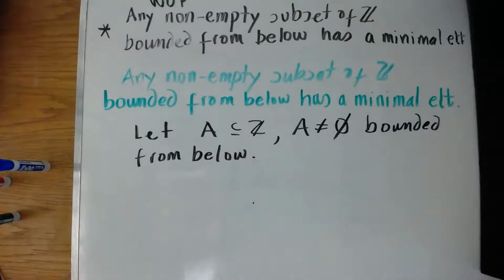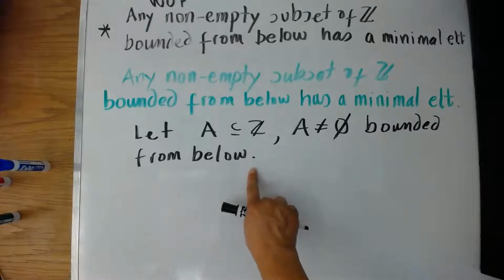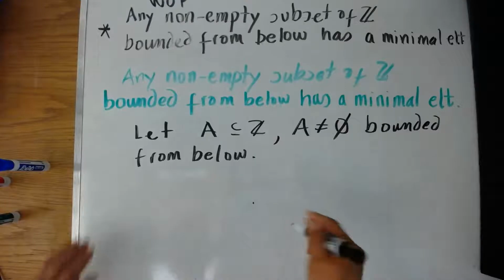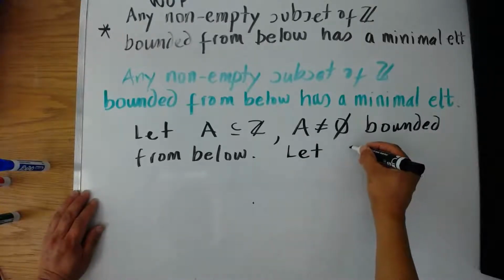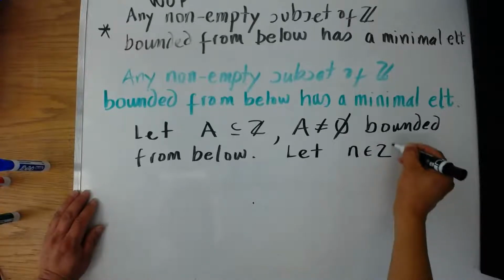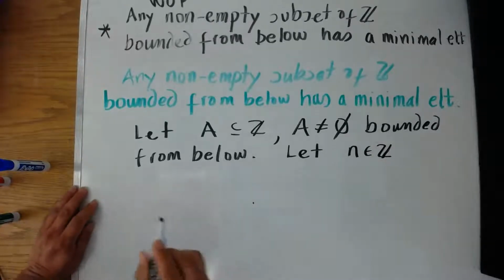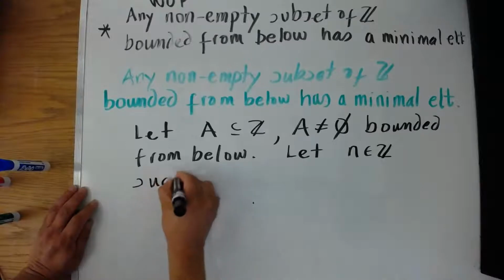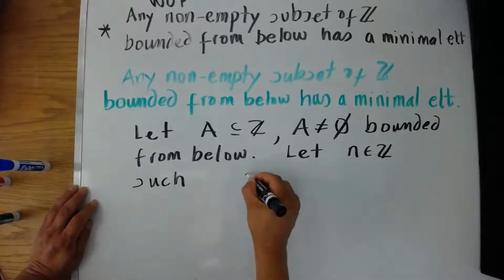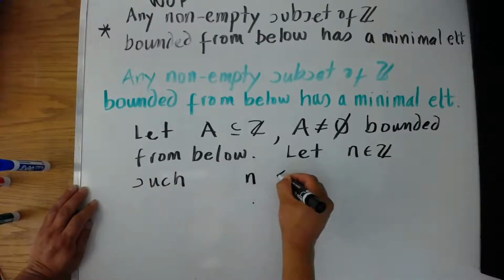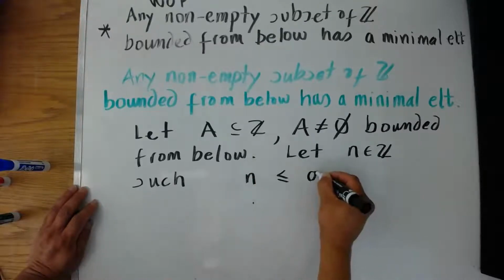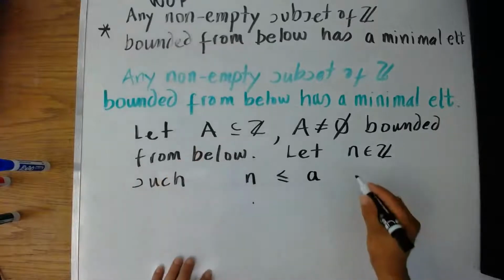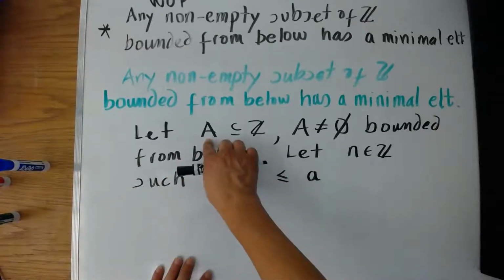All right, so since it is bounded from below, let me pick some integer that is a bound. So let n be an integer such that n is less than or equal to a, where a is an element of A.